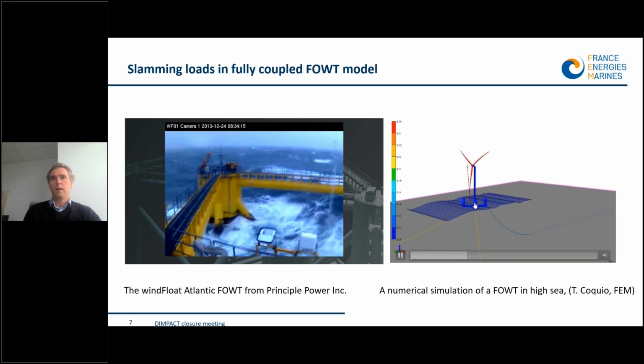So it's a very, very advanced tool. In the meantime, you can see that there are some oversimplifying assumptions, especially for the wave field, which is here a linear wave field in 1D, which is quite far from what you see on the left-hand side, okay? And this is actually one of the main challenges of the project.